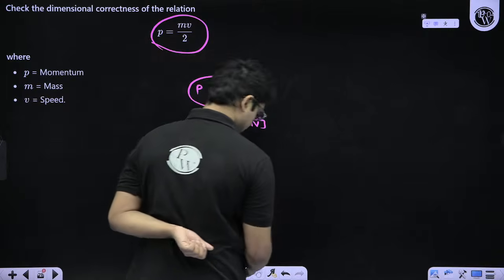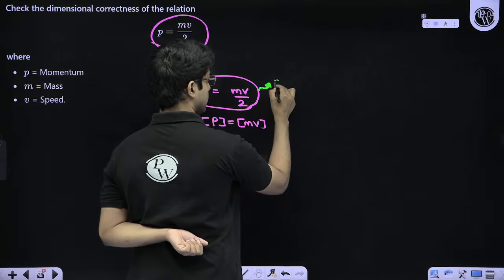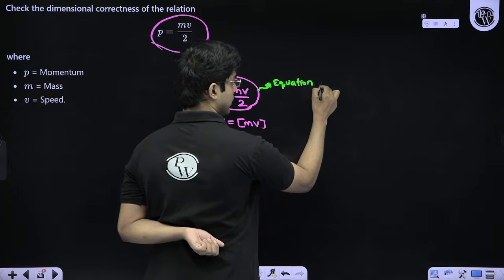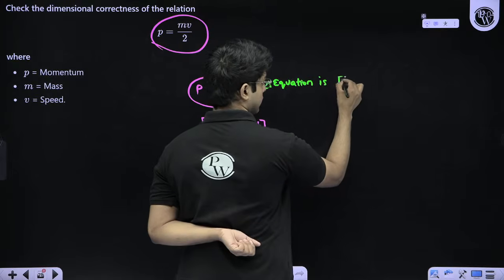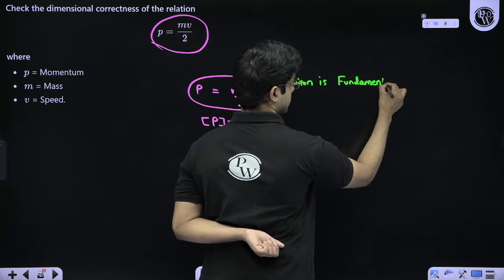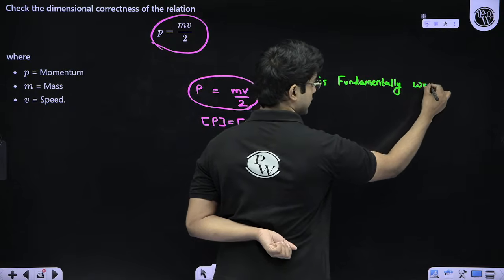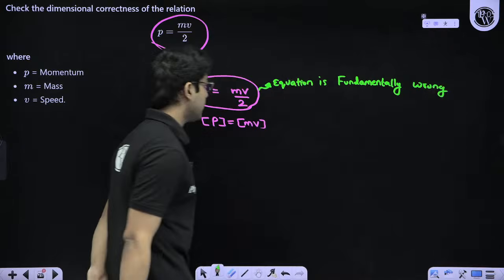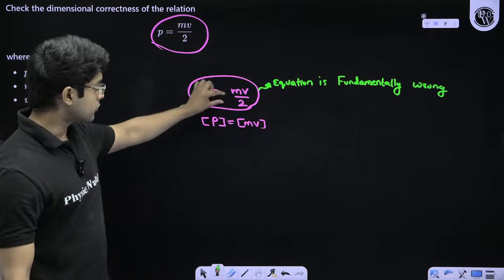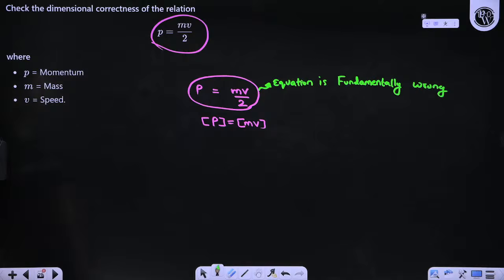We know that momentum is actually equal to mv. So the equation is fundamentally wrong, but dimensionally it is correct. Dimension-wise, left and right sides are correct, but because of this 2, the equation becomes wrong.